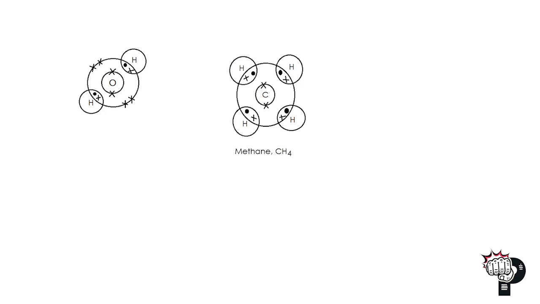Let us now look at carbon dioxide. 1 carbon atom, 2 oxygen atoms. Here we discover that carbon and oxygen will form what is called a double bond, meaning 4 electrons will be involved. 2 electrons from the oxygen atom and 2 electrons from the carbon atom.